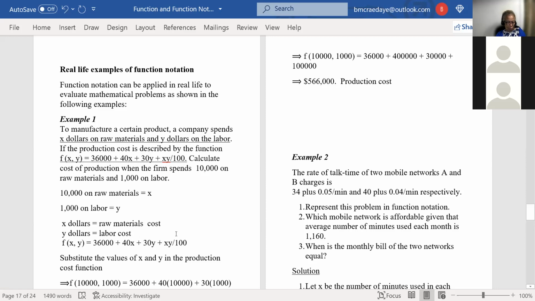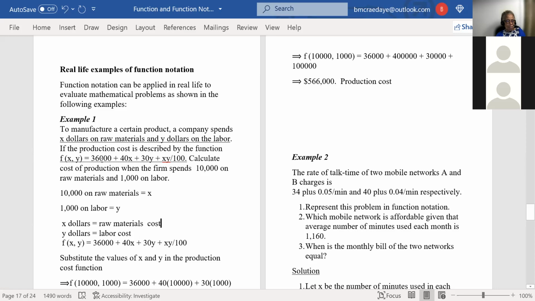So everywhere you see X, you put 10,000. And when you see Y, you put 1,000. So this is 10,000 times 1,000. The 36,000 is part of the formula. See, the production cost is described by the function F of X, Y, F of raw materials and labor, equal to this formula.